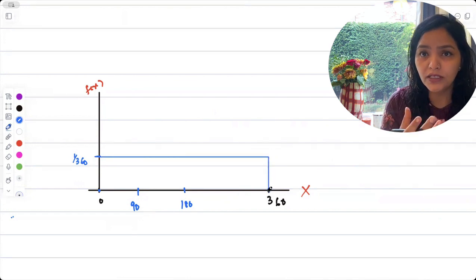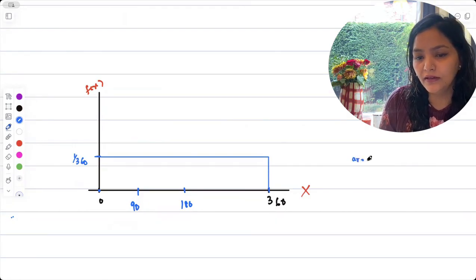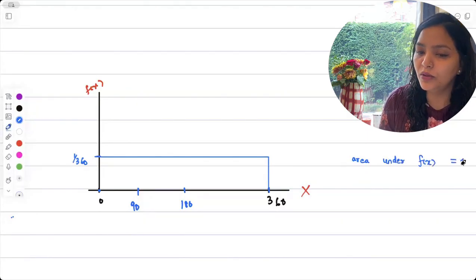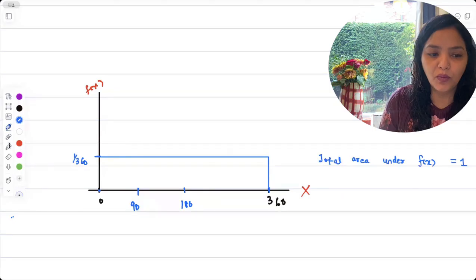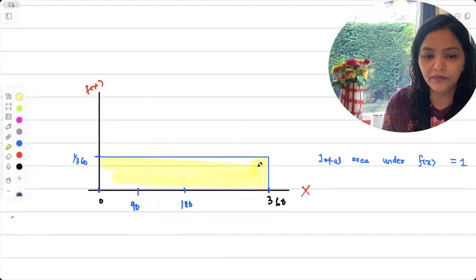Now, what is the property for the PDF? The property for the PDF is that the area under the curve, the area under f(x), should be equal to 1, the total area, right? So if you observe, what is the total area out here? This rectangle.